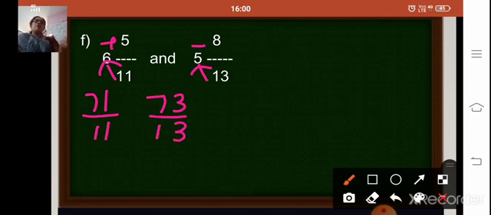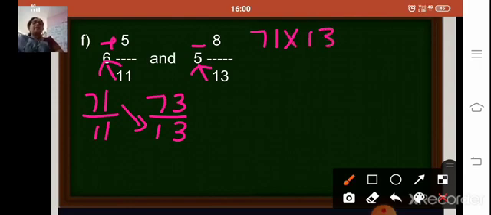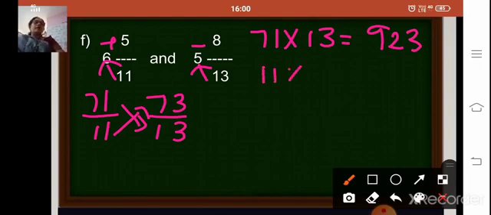Okay. So now what you will do is cross multiply 71 into 13 first. When you multiply 71 into 13, you get the answer as 923. And when you multiply 11 into 73, you get the answer as 803.